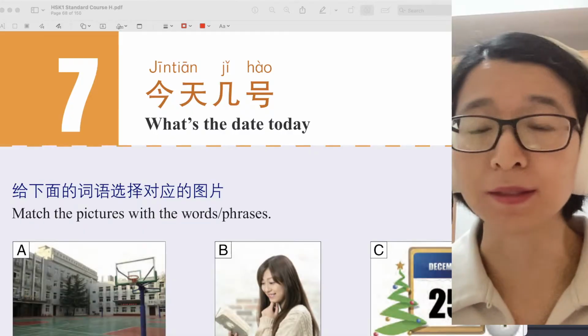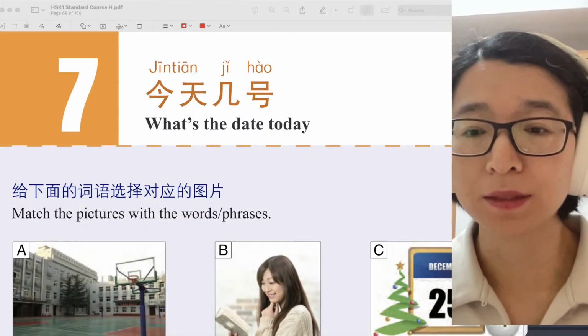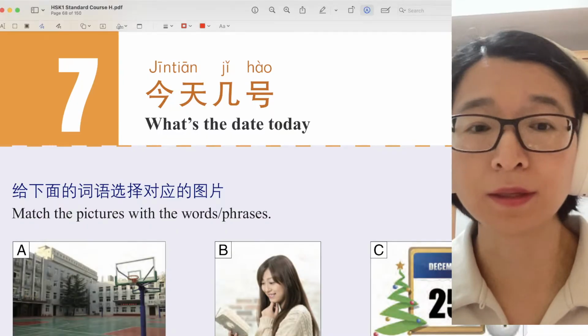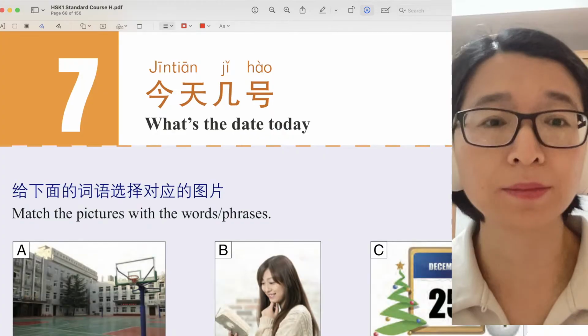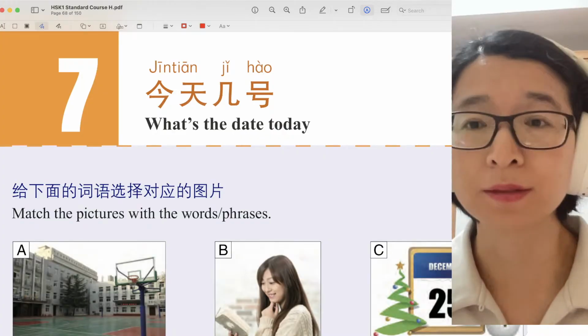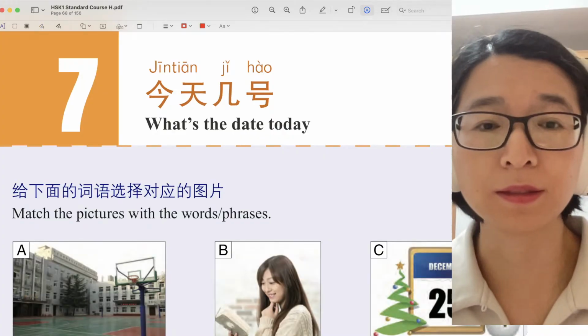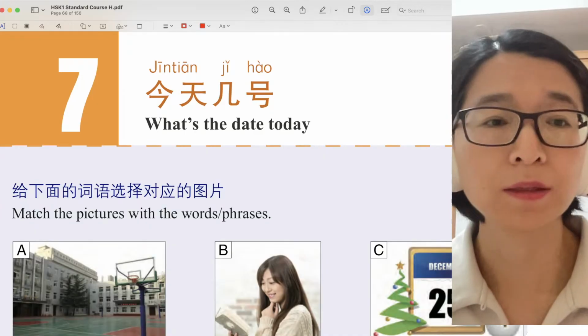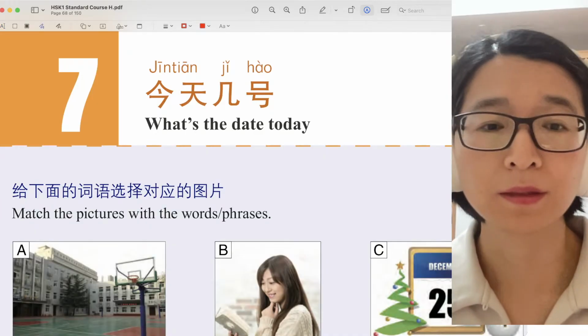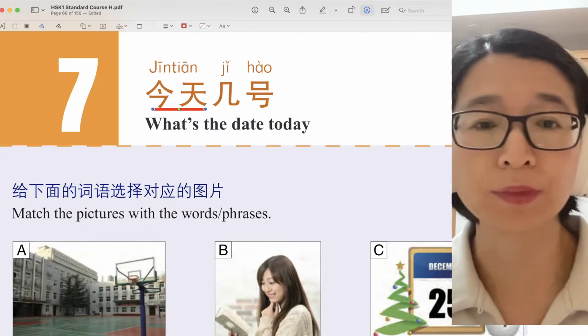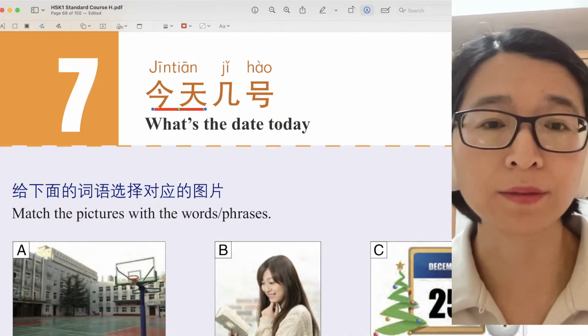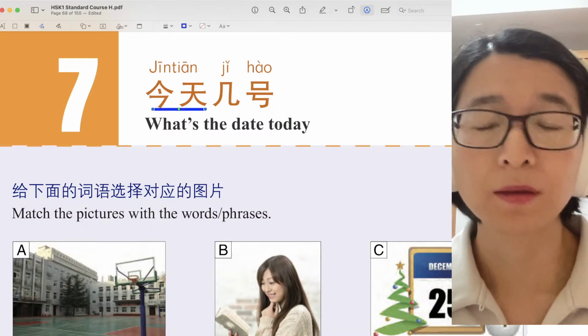今天几号? So here, 今天 means today. 今天. You can say 今天, right? Yeah, today.